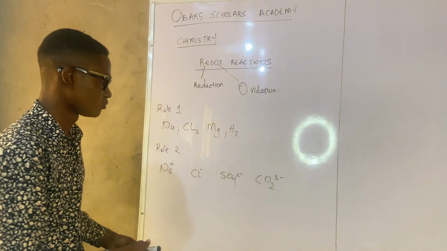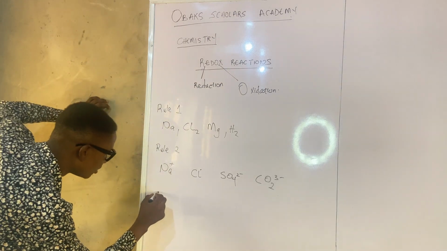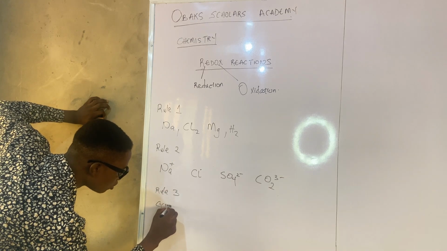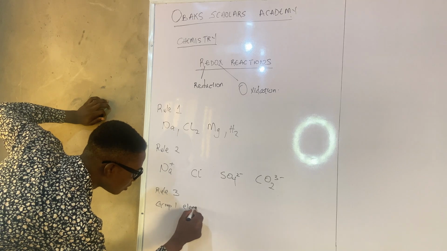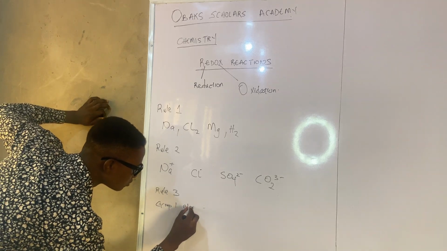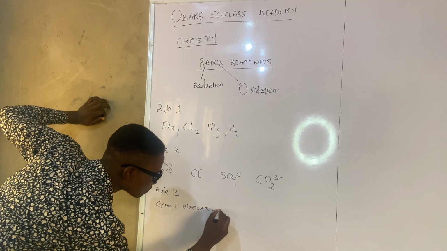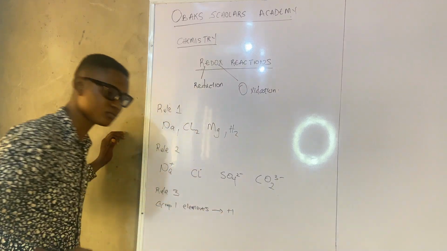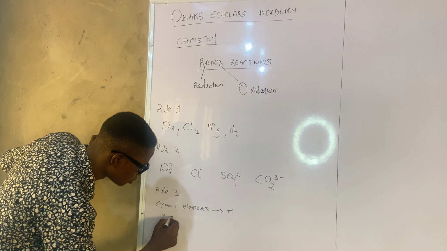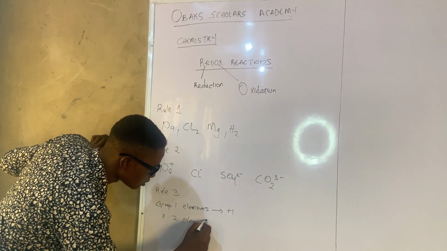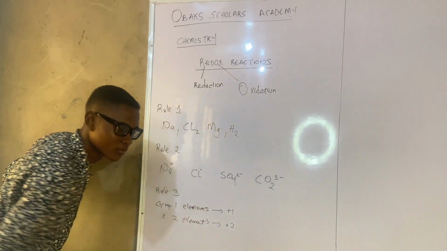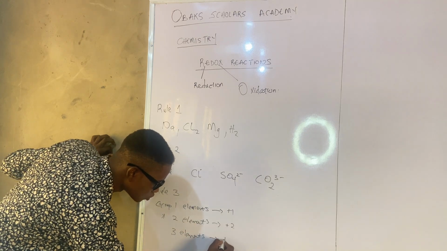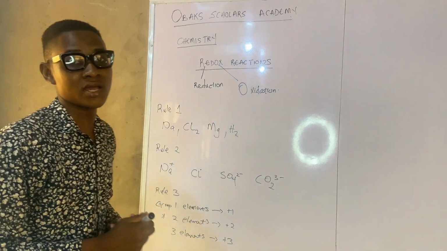For example, for group 1 elements, their oxidation number is +1. For group 2 elements it is +2. For group 3 elements it is +3.